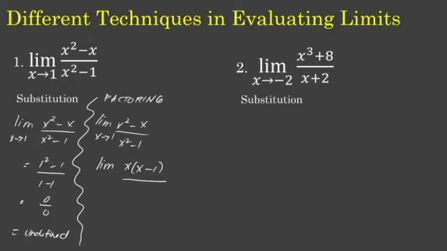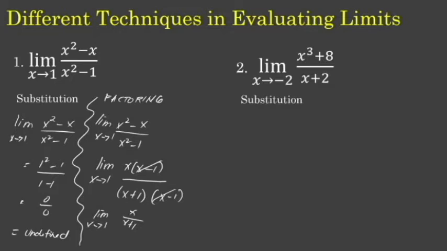So yung x squared minus 1, it will become x plus 1, x minus 1 as x approaches to 1. So, kung mapapansin nyo, pwede na tayong mag-cancel. Cancel natin si x minus 1. So, that will leave us x over x plus 1 as x approaches to 1.